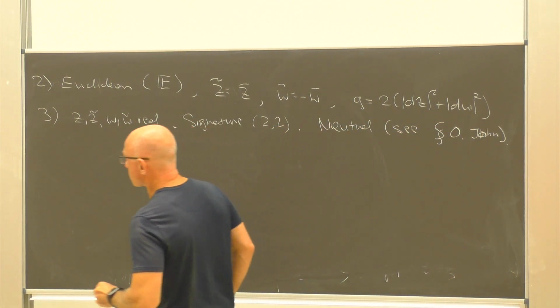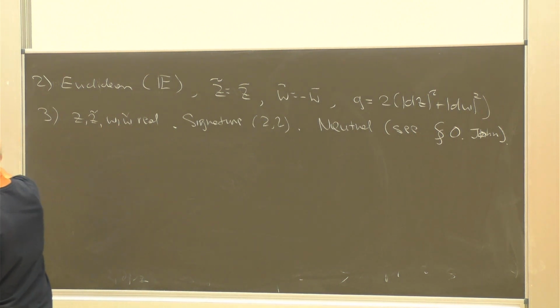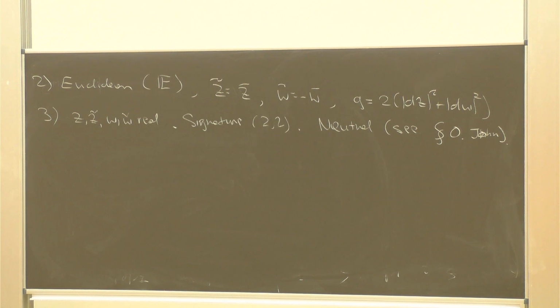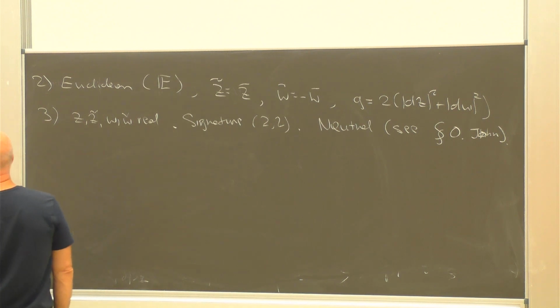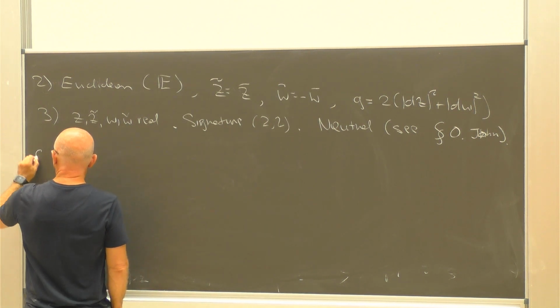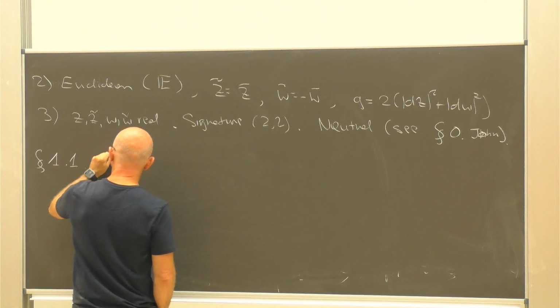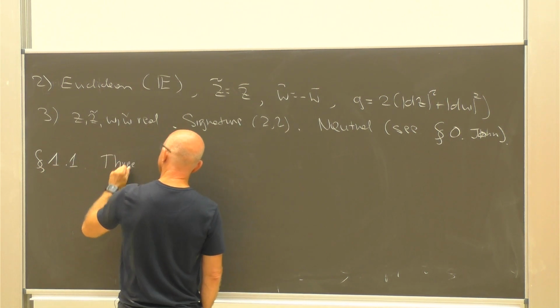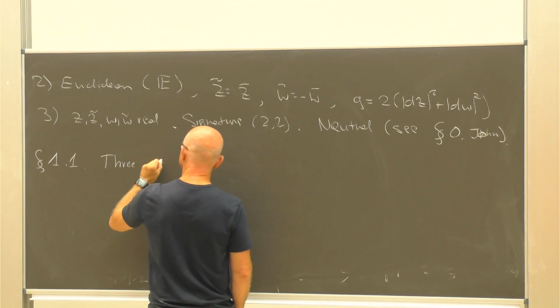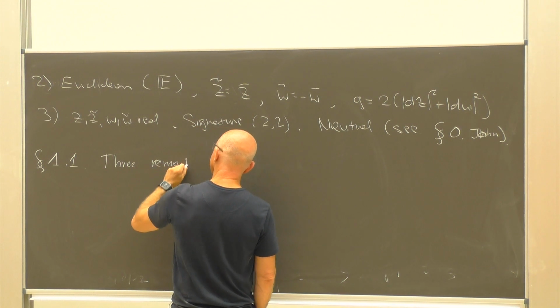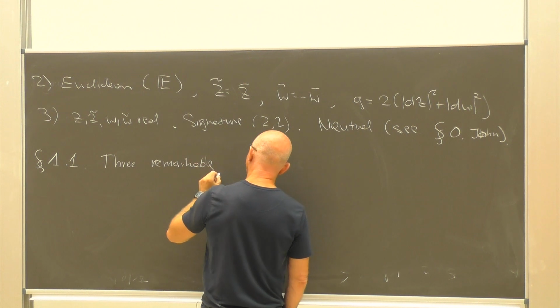Okay, so now there are 3 remarkable coincidences of isomorphism which happen only in dimension 4 and in no other dimensions. So I say 3 remarkable isomorphisms.